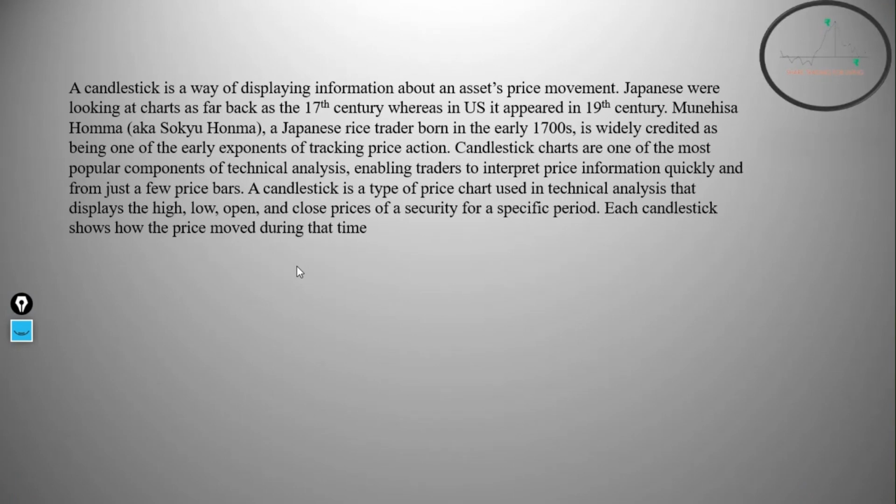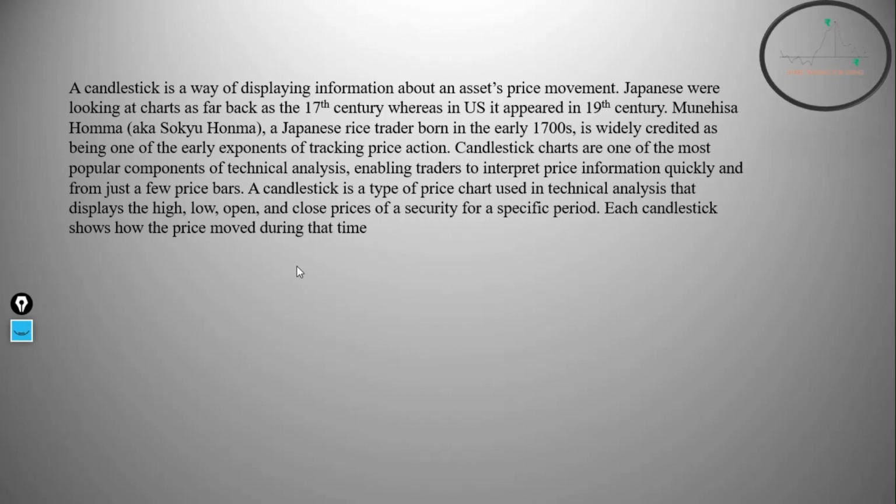If you go back into the history, in the 17th century, the Japanese were using candlesticks to understand price movement.